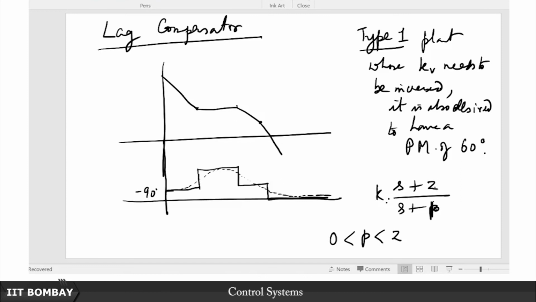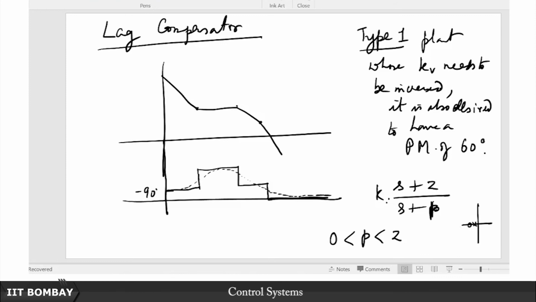An integrator has no zero and a pole at the origin. So here you just put the pole slightly off the origin and the zero further away. So these are positive. This is how we place the pole and zero pair for the lag compensator.